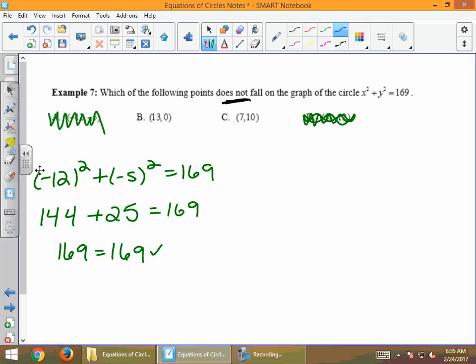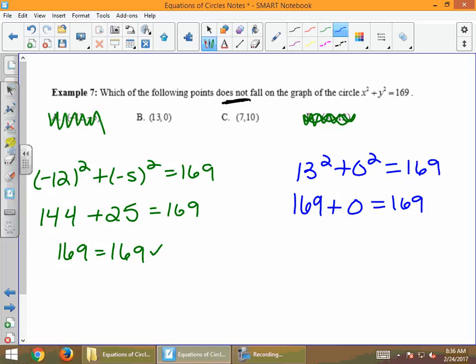Well, let's try B. We plug B in. 13 squared plus 0 squared equals 169. Well, 13 squared is 169. 0 squared is 0. When you combine those, you get 169 equals 169. So we want one that does not fit. That one does.